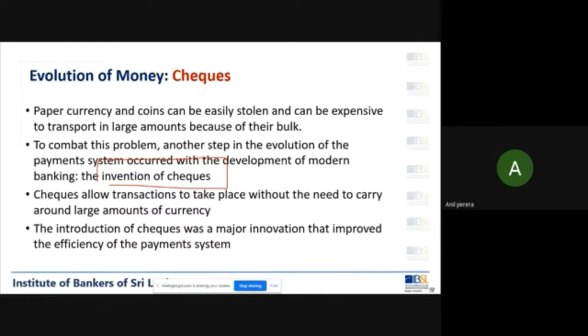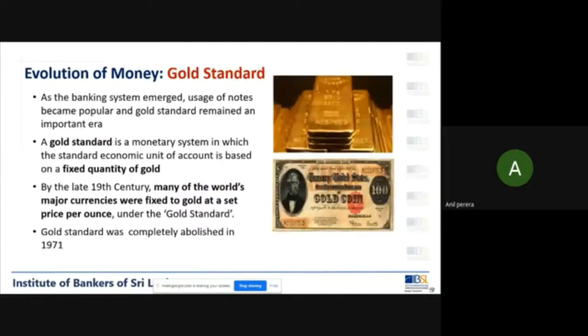Checks allow transactions to take place without the need to carry out large amounts of currency. You don't need to transport currency to make a payment. You simply issue a check from your account. You have money in the account, which means you have money in the bank. To do the transaction, you issue a check. So it was a major innovation that improved the efficiency of the payment system.